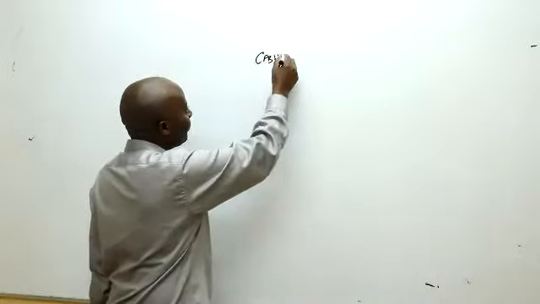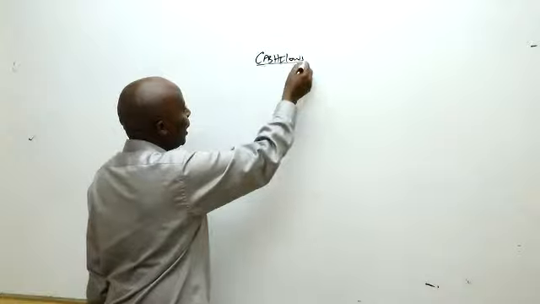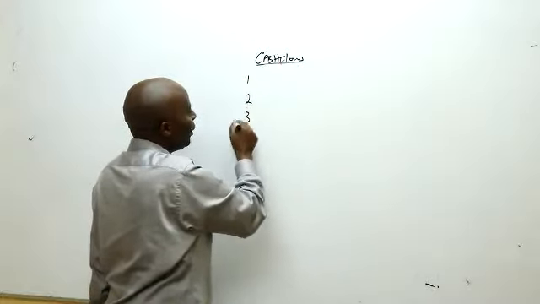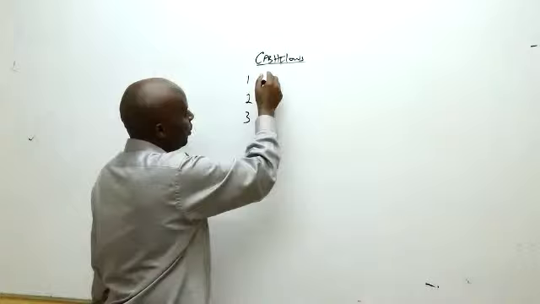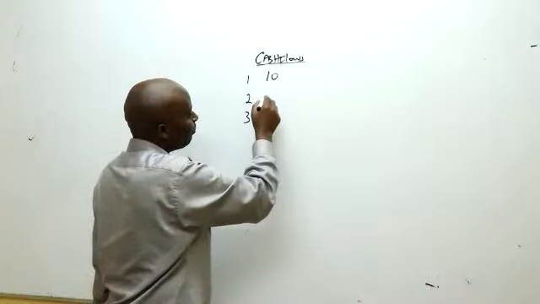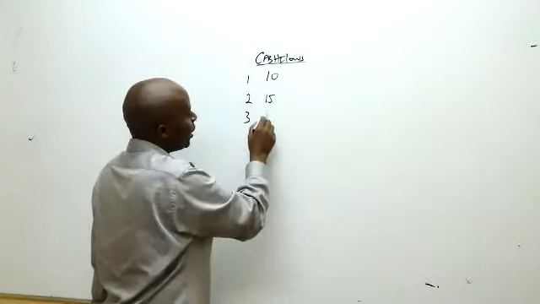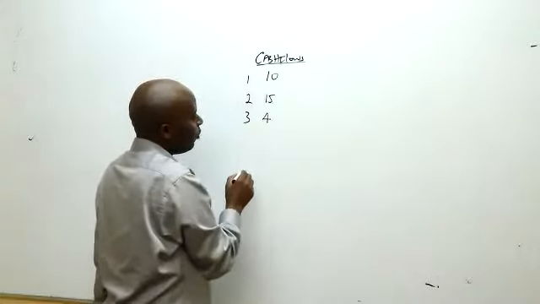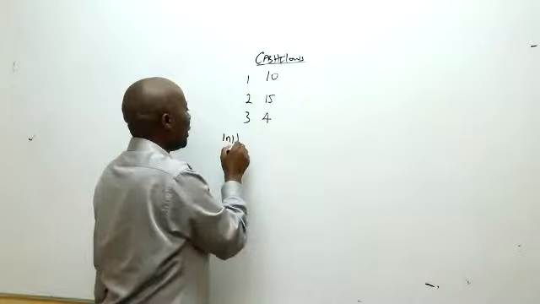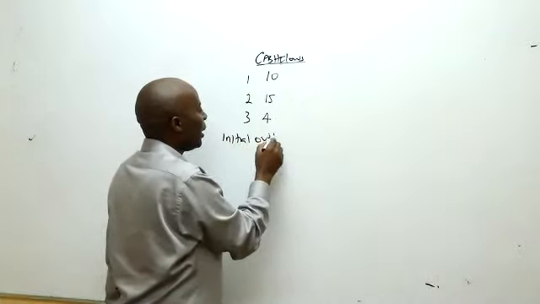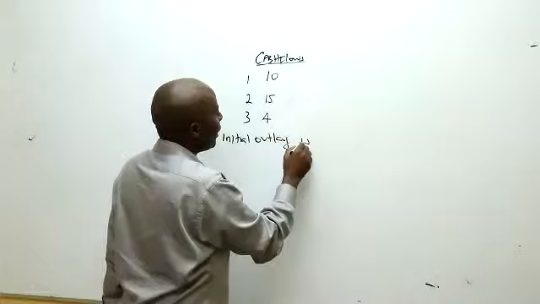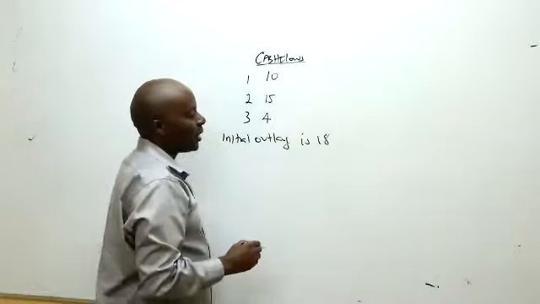This examiner gives you cash flows year 1, year 2, year 3. Year 1 cash flow is 10, year 2 cash flow 15, year 3's cash flow, for example, 4. And then he tells you that the initial outlay is Kenya shillings 18.